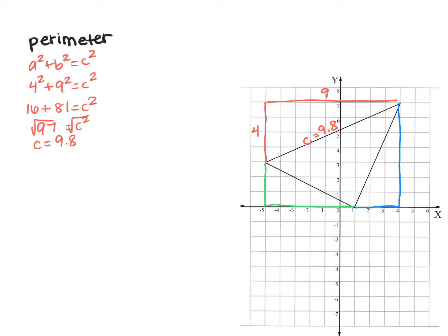Now let's look at the blue triangle. I've got a leg of 3 and a leg of 7. Again, I'm going to use the Pythagorean theorem. And that's going to give me 58. Take that square root. And the hypotenuse of that blue triangle that we created is 7.6.